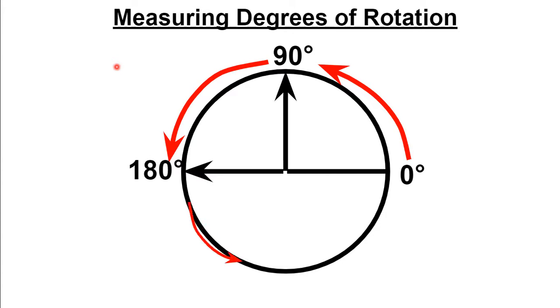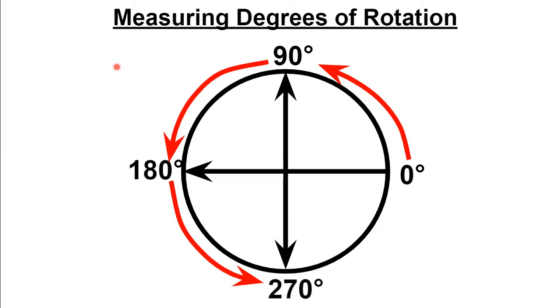Then if I keep going around the circle to this point, that's another 90 degrees. So you would add 180 plus 90, 270 degrees. And then if I go all the way back to where I started, adding 90 degrees more, I get 360 degrees. So a full circle is 360 degrees.